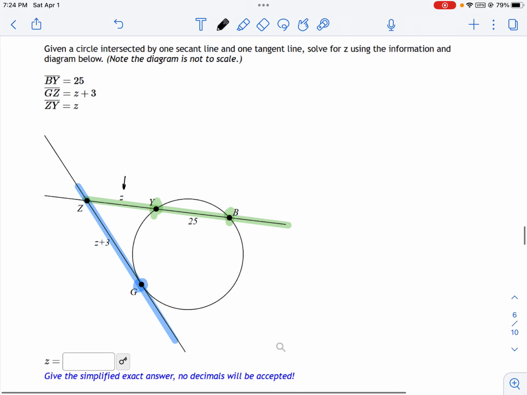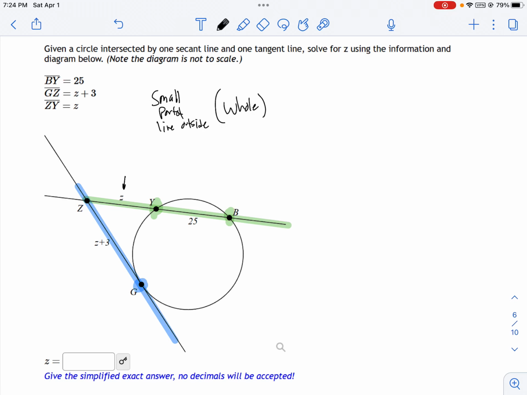And essentially, it is as follows: you have the small part of line outside times the whole line equals, I'm going to just say small for this next one, times the whole. Okay?